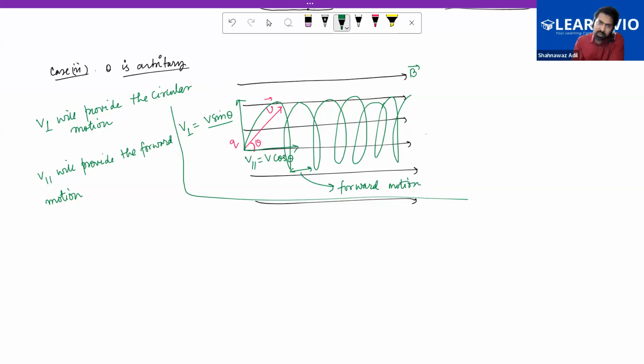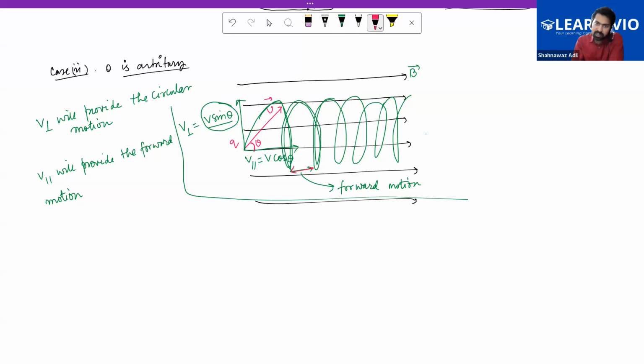This is the circular motion, right? So circular motion is happening due to v sin theta, and the forward motion is happening due to v cos theta.